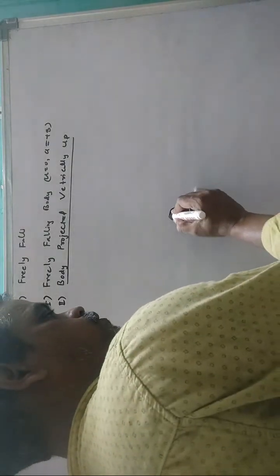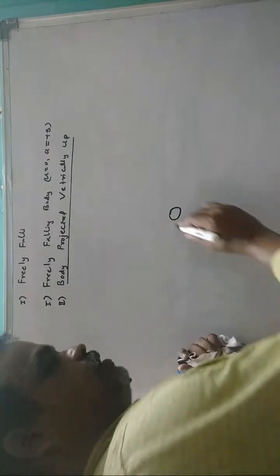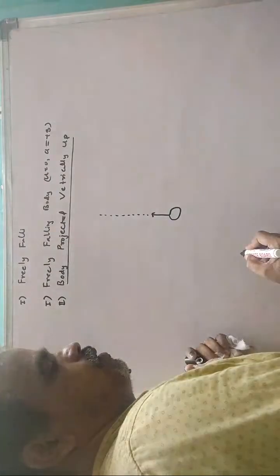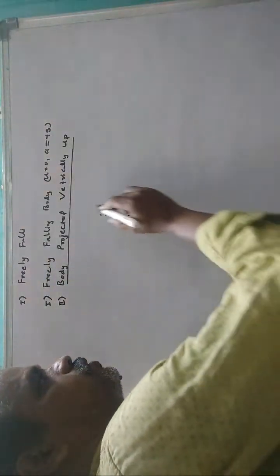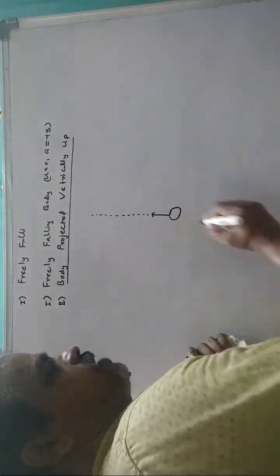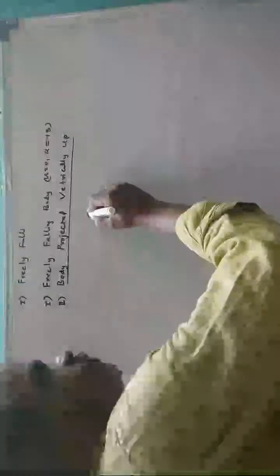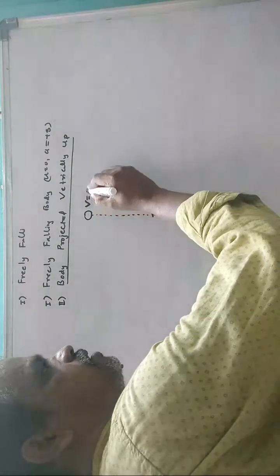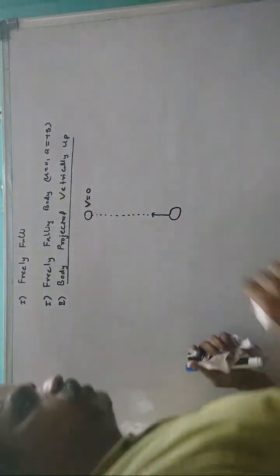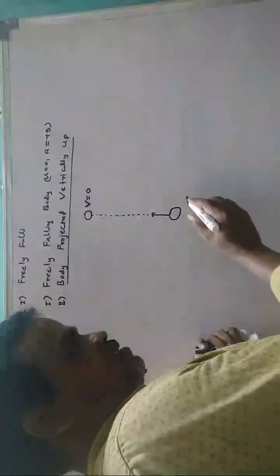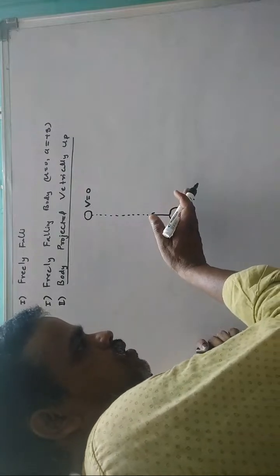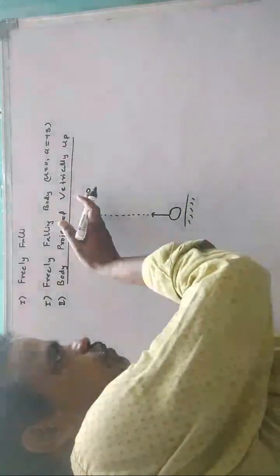Here, the body is moving up, up, up, vertically projected. So at maximum height, the final velocity of the body is equal to 0. This is the earth, and the body is moving vertically up.